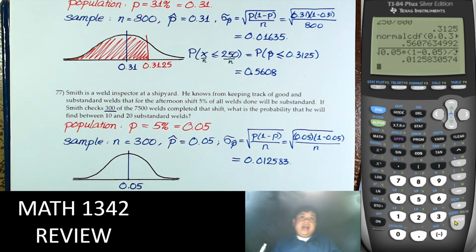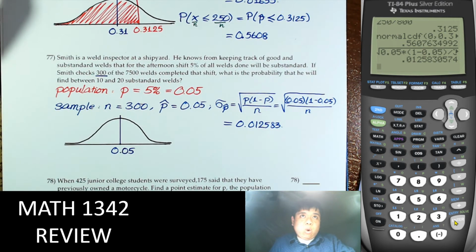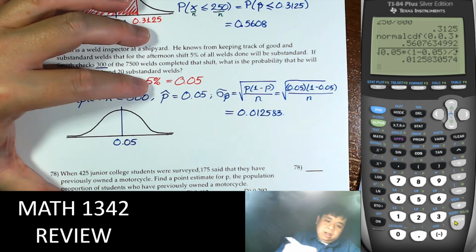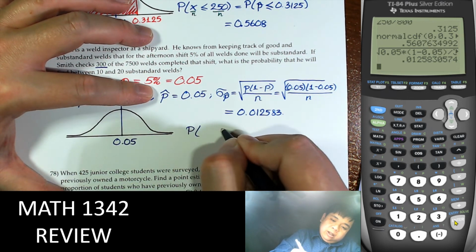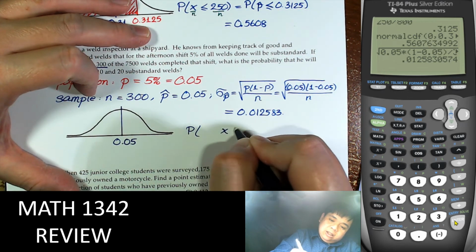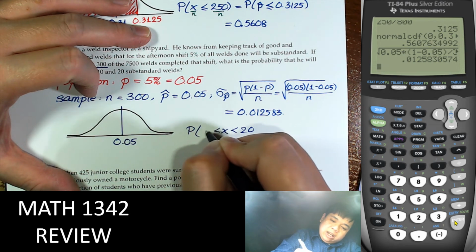Right, now we want between 10 and 20 substandard. So the probability of x between 10 and 20.